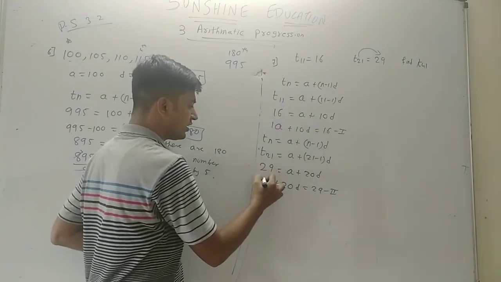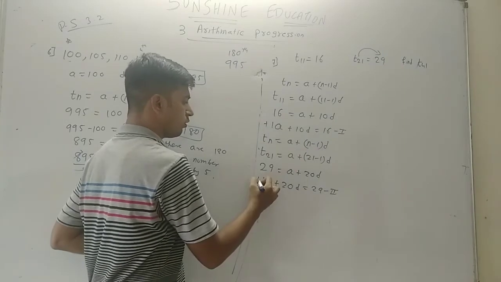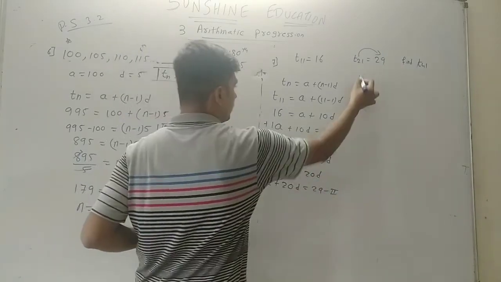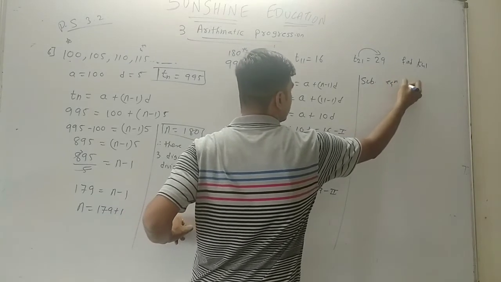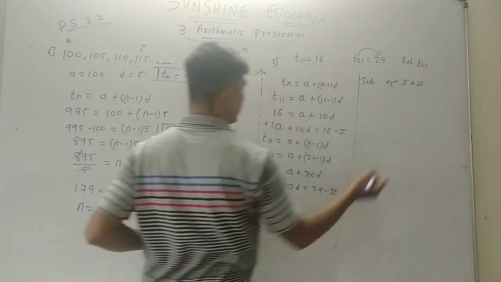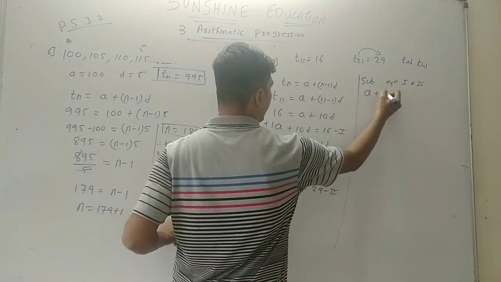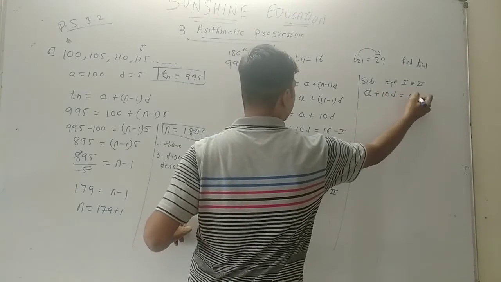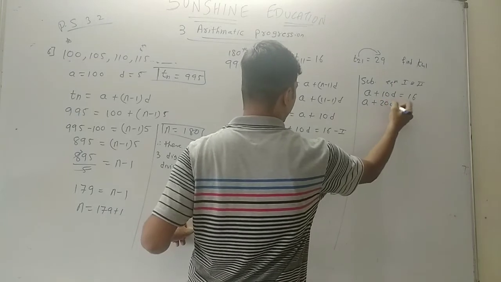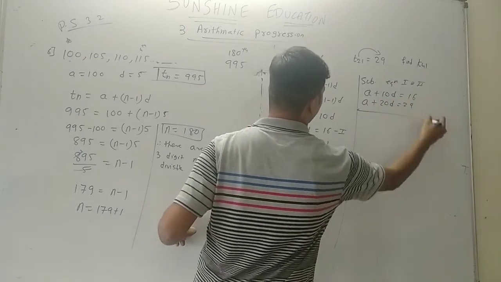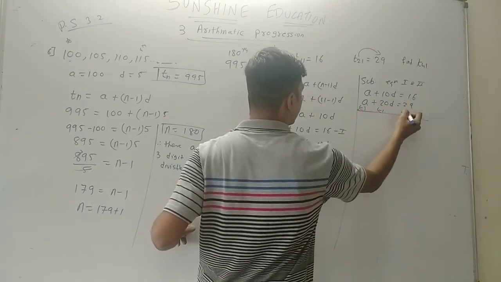Okay, we have already seen the first lesson, that is linear equation in two variables. When the coefficient is the same, and the sign is also the same, we will subtract equation 1 and 2. So subtracting equation 1 and 2. What is equation 1? a plus 10d is equal to 16 and a plus 20d is equal to 29. So minus, minus, minus.